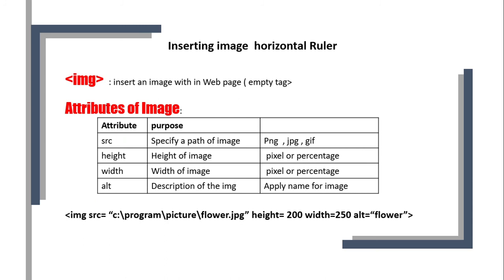So the alt attribute is used to define the name for that particular image or picture. So image is a singular tag. It cannot have a closing tag, and it has some attributes: src, height, width and alt.